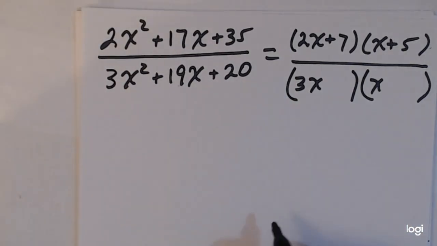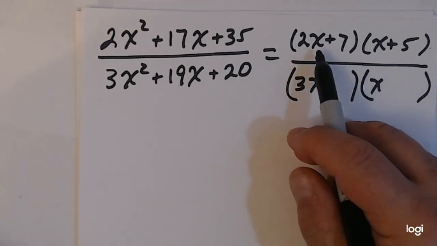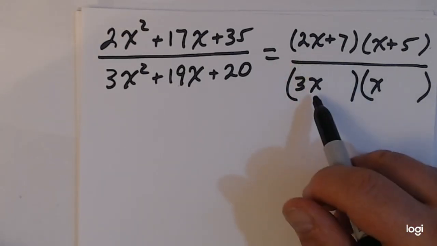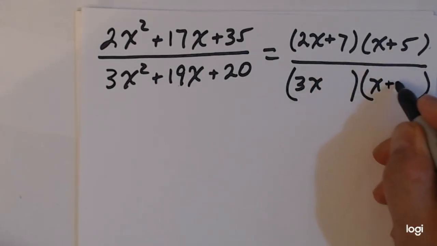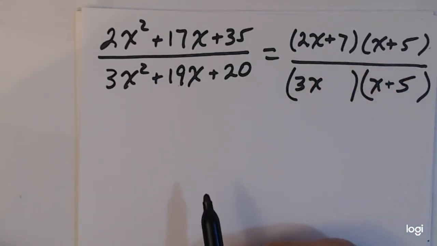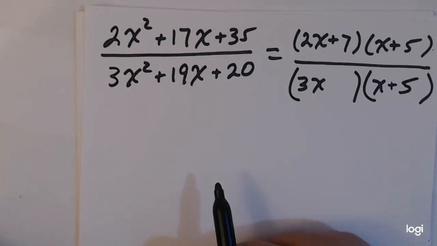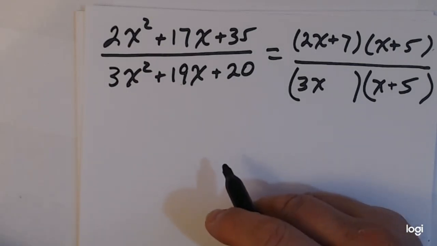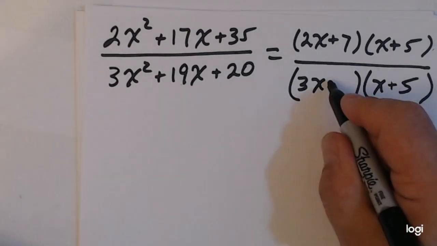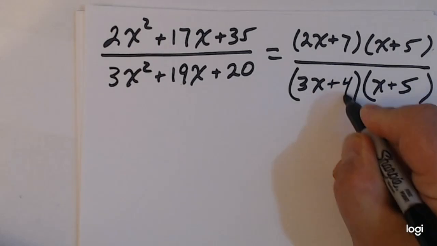Now, look at this. There's no way we can get a 2x plus 7 in the denominator. So x plus 5 is going to be one of the terms down here, one of the terms in our factoring. And it's 4, right? So it's going to be 3x plus 4.